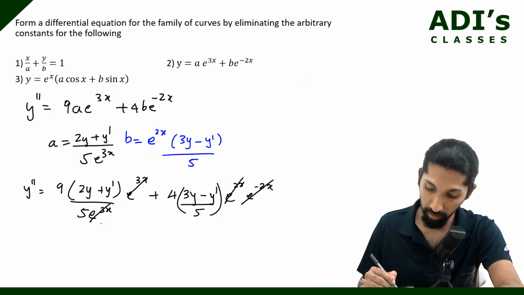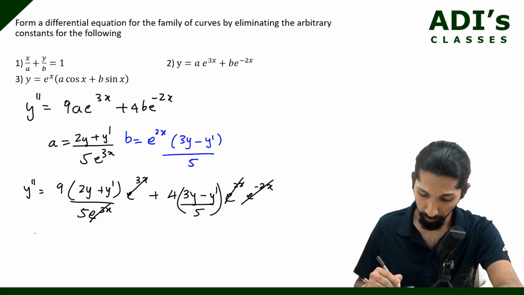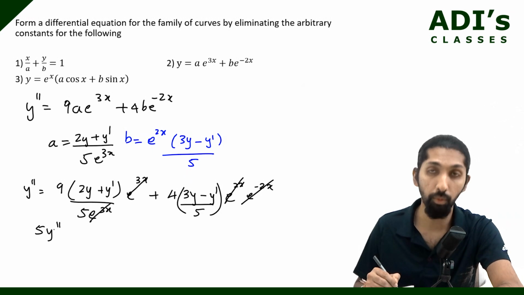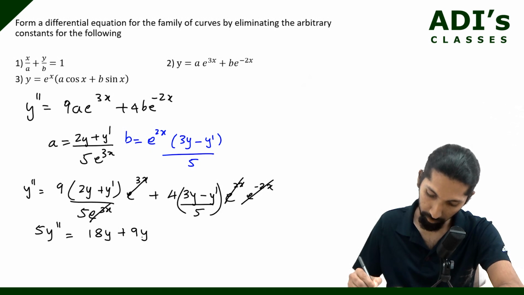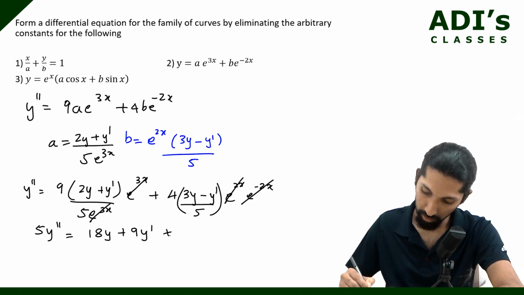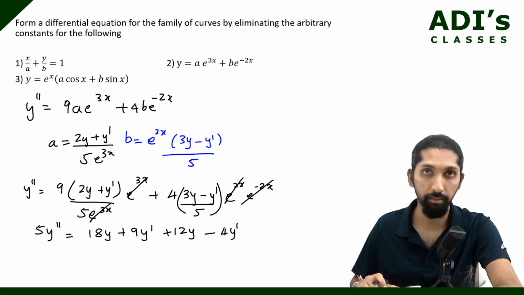Now 5 is the LCM on both sides. We might as well write it as 5 into y double dash is equal to 18y plus 9y dash plus 12y minus 4y dash, correct?